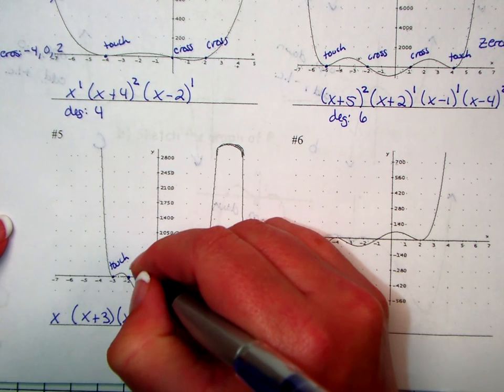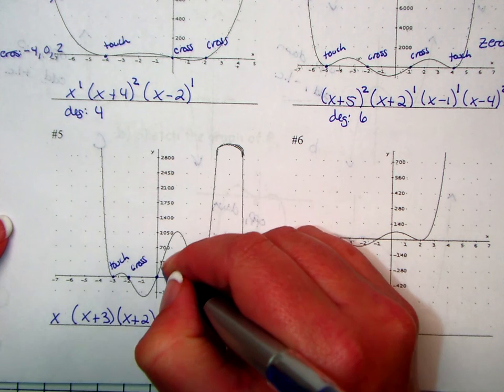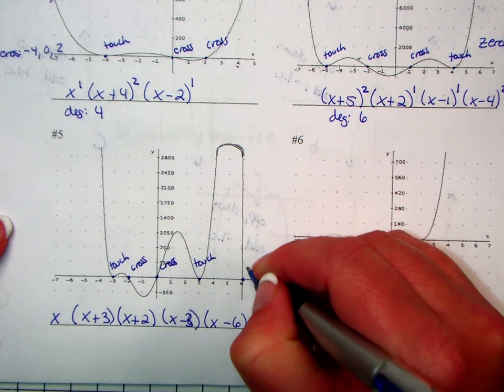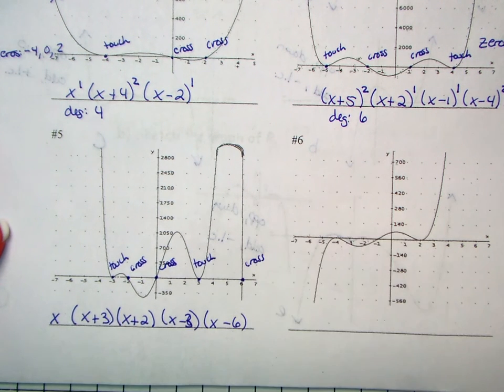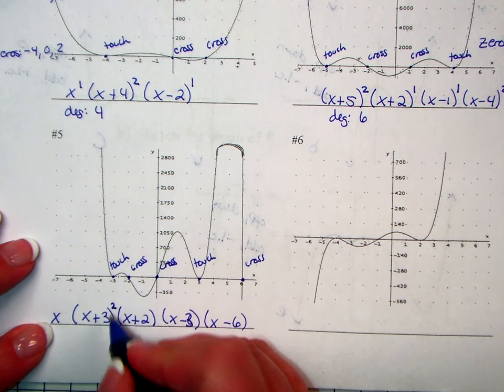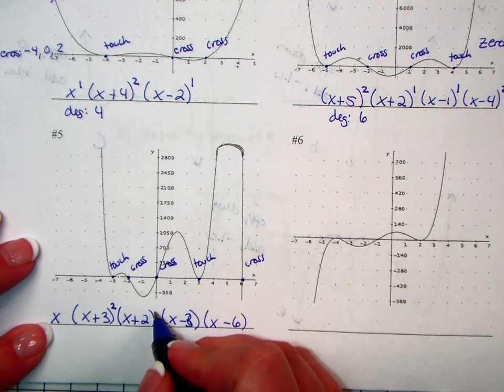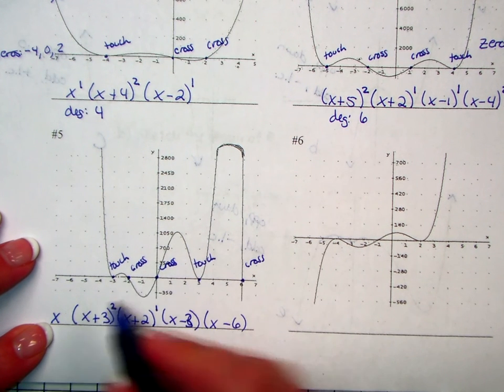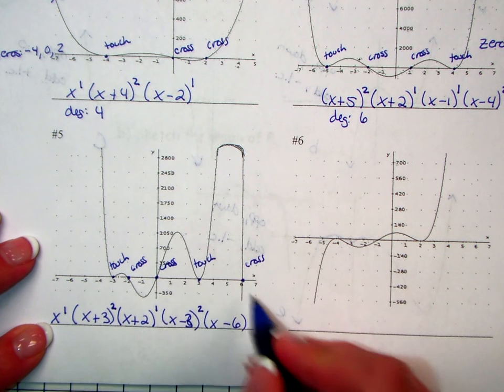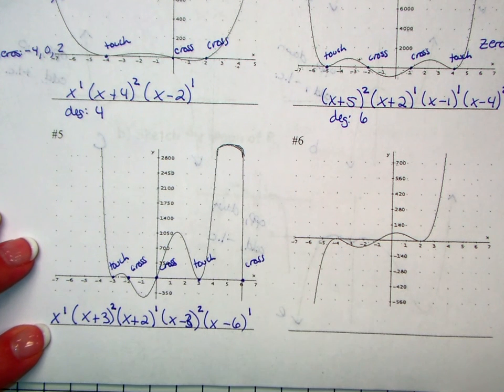Touch, cross, cross, touch, cross. Okay. So touch is even. Even on the -3, odd on the -2, odd on the x, even on the 3, odd on the 6.